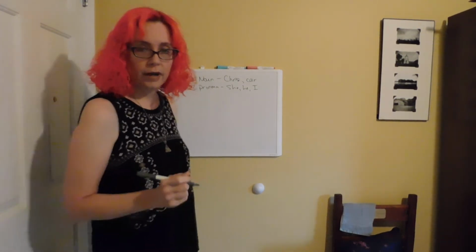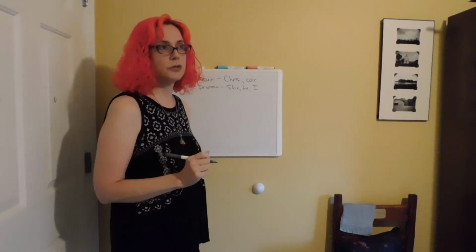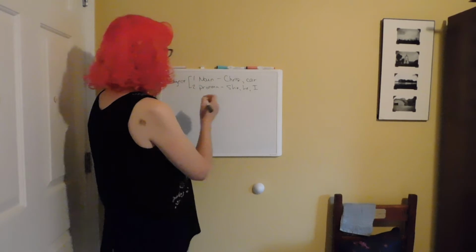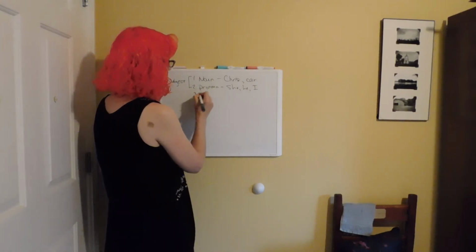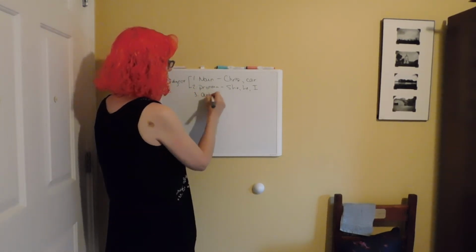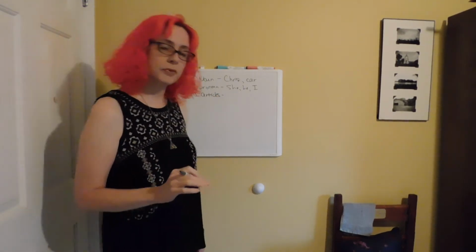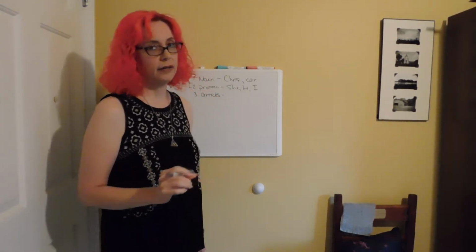With your noun and your pronoun, usually you also have what are called articles and determiners. They are related to each other. Articles are quite simply the words a, an, and the.